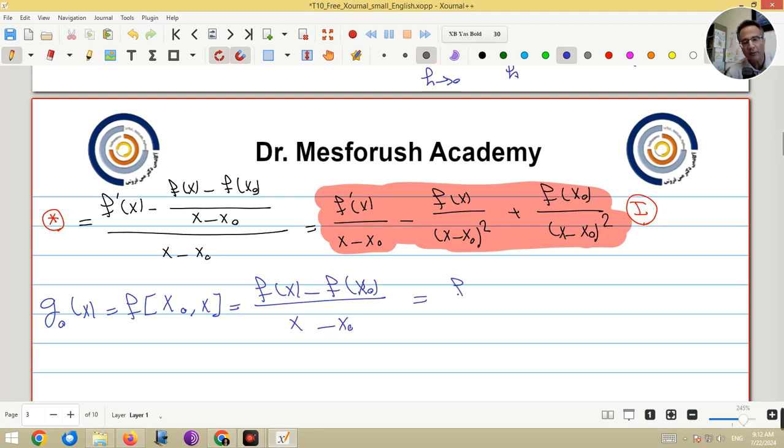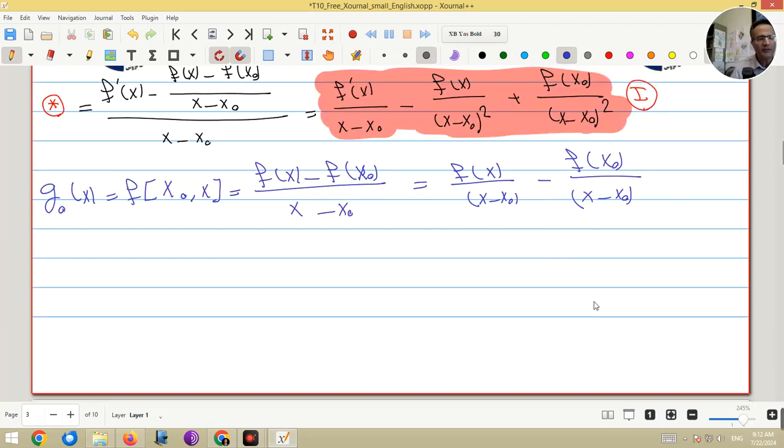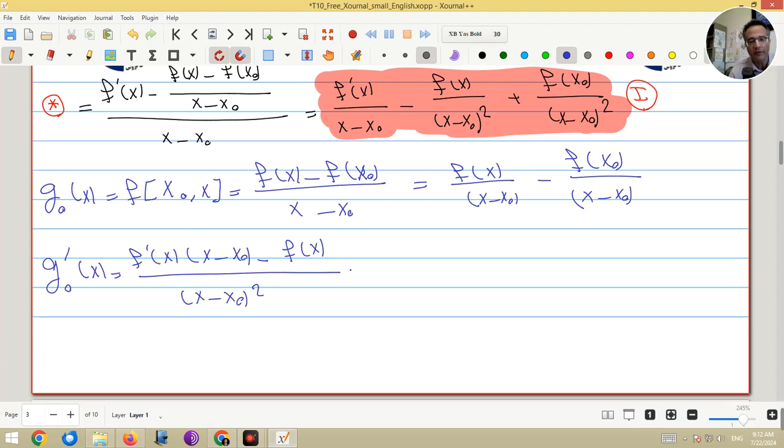If you split this fraction, this will be f of x over x minus x0 minus f of x0 over x minus x0. Now take the derivative on both sides. So g prime 0 of x should be f prime of x times x minus x0 minus 1 times f of x, over x minus x0 squared, plus f of x0 over x minus x0 squared.